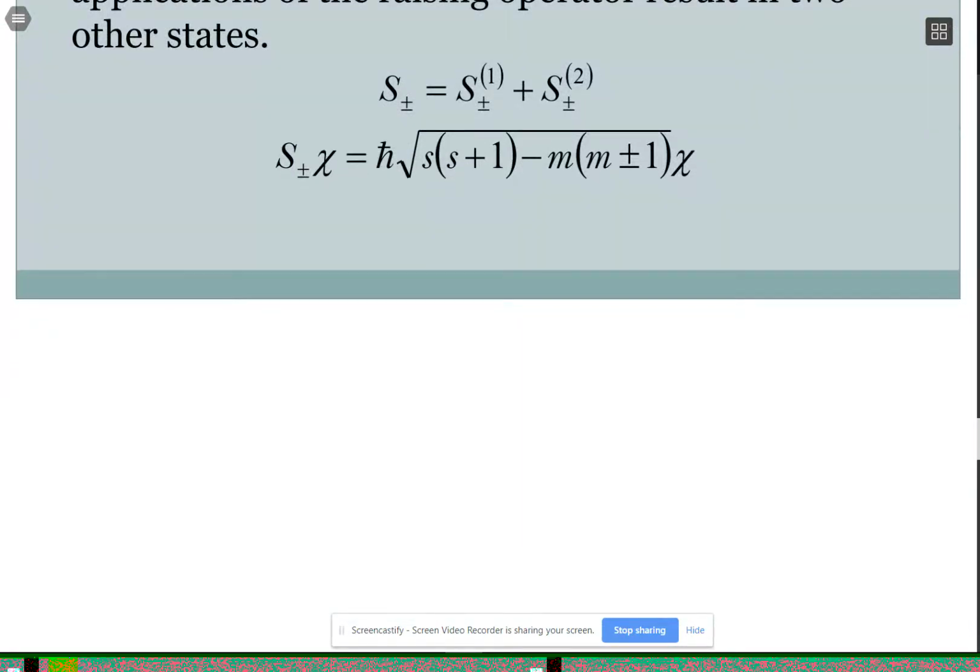So let's take one of those triplet states, one we know is a triplet state. We know that m sub s equals -1 is down, down. And so that means if I take S plus and have it act on down, down, what am I going to get?